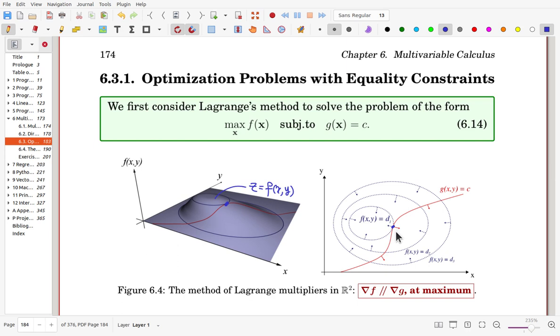We don't know if they are in the same direction. However, they must be parallel to each other. So we have this conclusion: at the maximum, the two gradients must be parallel because the curves are tangent to each other at the maximum.